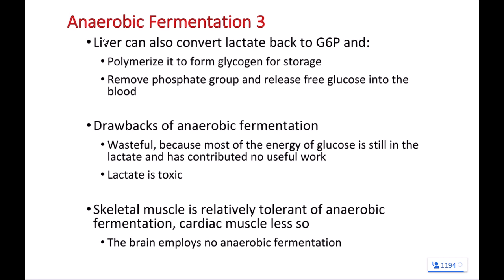So our liver takes lactic acid and turns it back into glucose, more specifically glucose 6-phosphate. And then we take that glucose intermediate and we turn it into glycogen. So once the lactic acid gets to the liver, it processes it, turns it into a kind of glucose, and then takes that glucose and makes a polysaccharide of it, glycogen, and we can actually store the sugar in our livers.